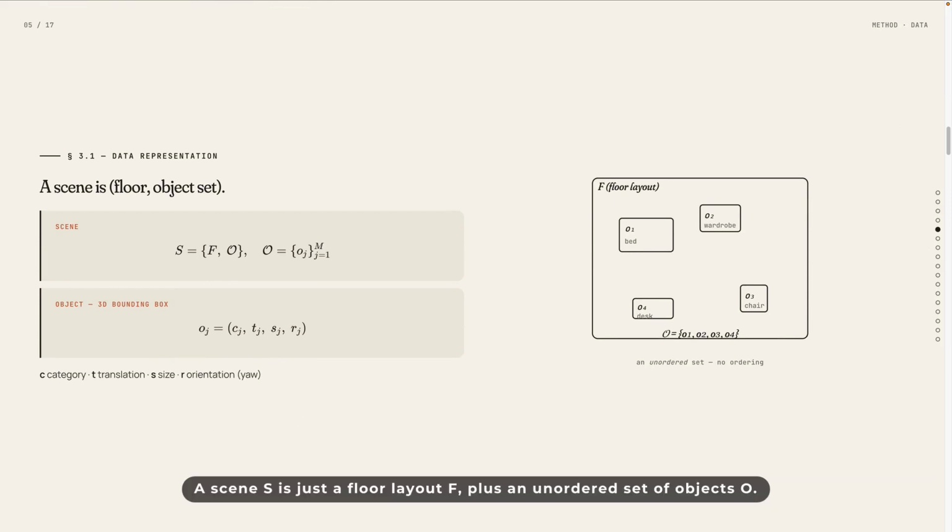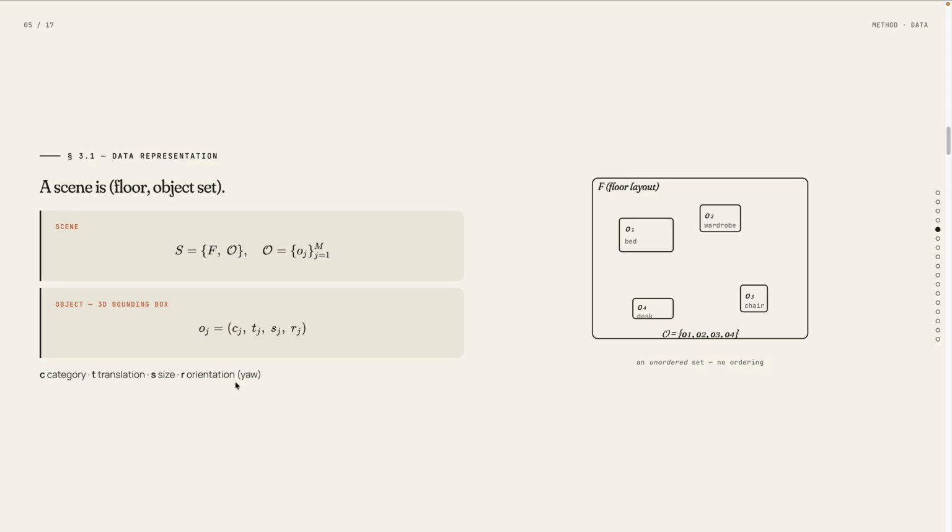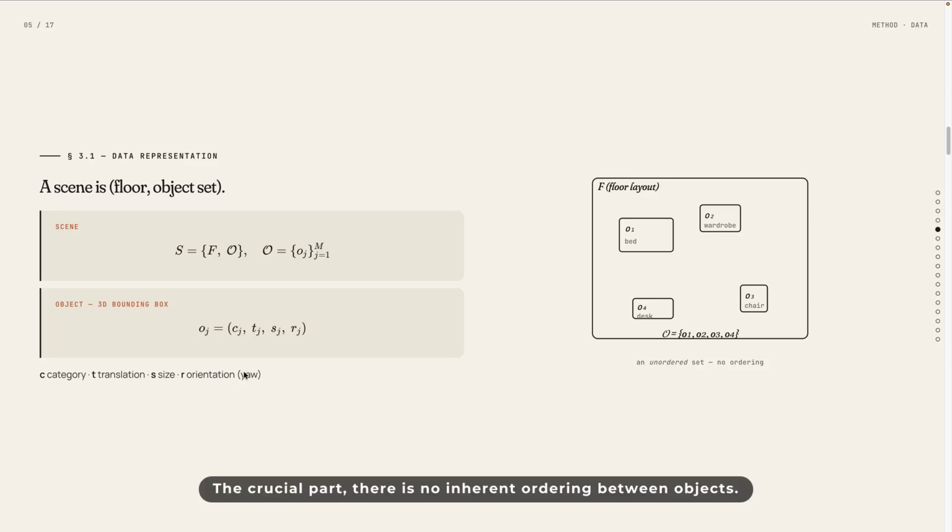A scene S is just a floor layout F plus an unordered set of objects O. Each object is a 3D bounding box defined by 4 attributes: category, translation, size, and orientation. The crucial part: there is no inherent ordering between objects.